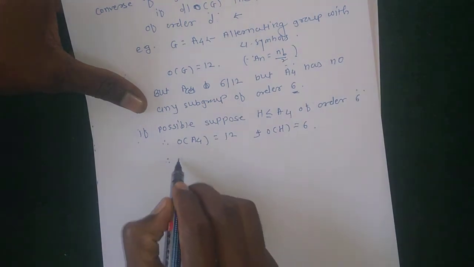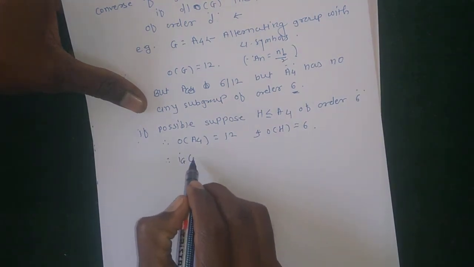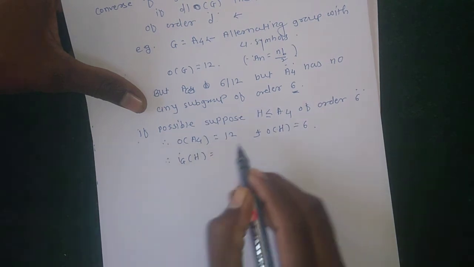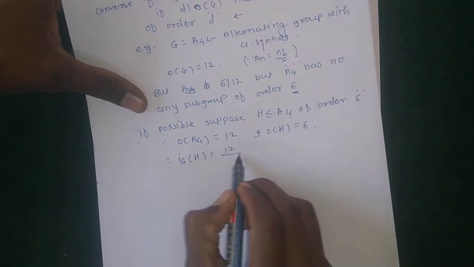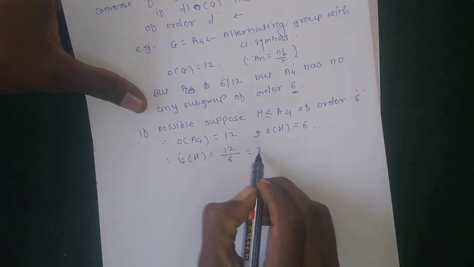Therefore the index of H in G is the order of G divided by the order of H, which means the index is 2.